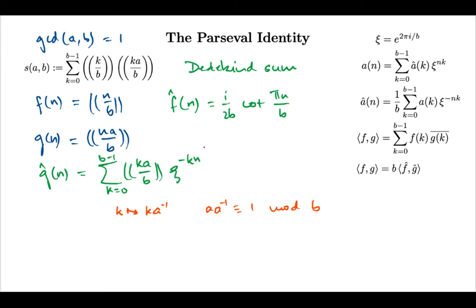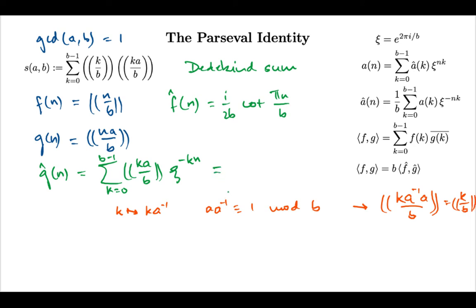But I hope you can see why I'm making this change of variables, because if I now plug in k times a inverse instead of k, my sawtooth function over here sees an a inverse times a, and because the sawtooth function is periodic modulo b, I can replace this a inverse a by a 1, and that means I just see a k over b.